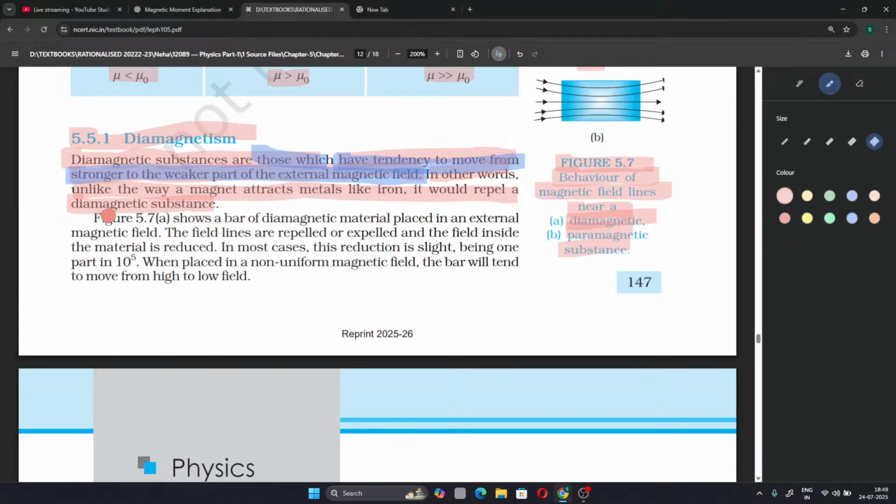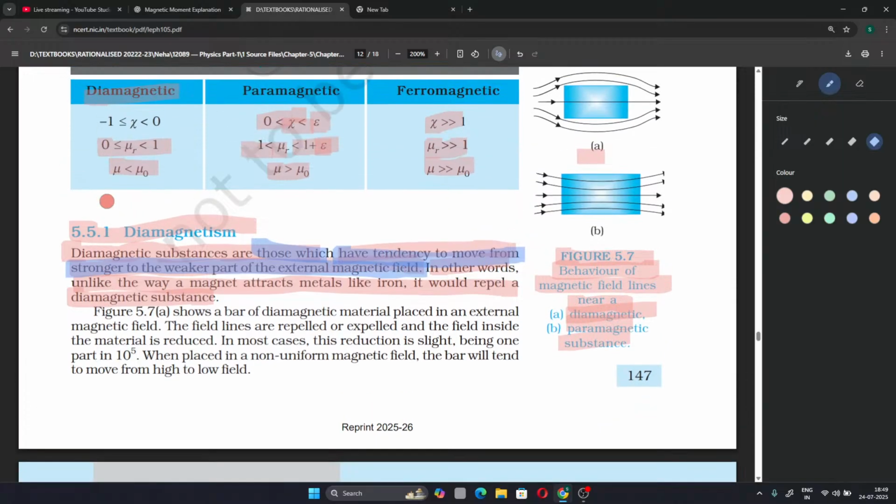Figure 5.7a, that is diamagnetic, shows a bar of diamagnetic material placed in an external magnetic field. This is the external magnetic field, and this is a bar of diamagnetic material. The field lines are repelled or expelled, and the field inside the material is reduced.